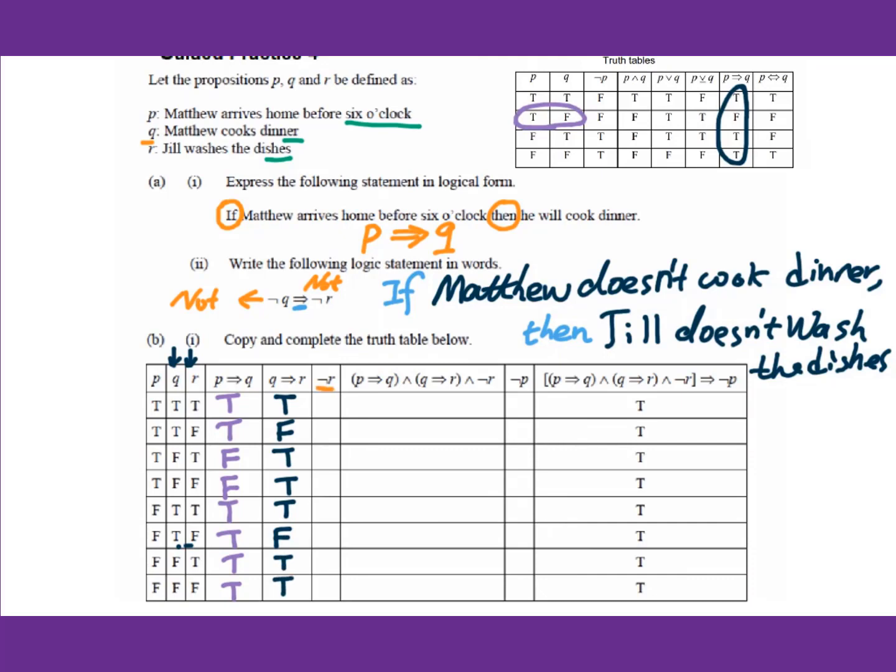Not R means opposite of R. So we have false, true, false, true, false, true, false, true. These three columns, we do AND.